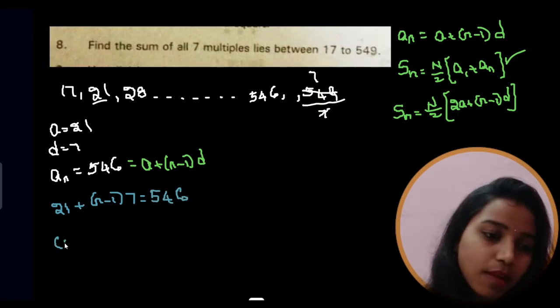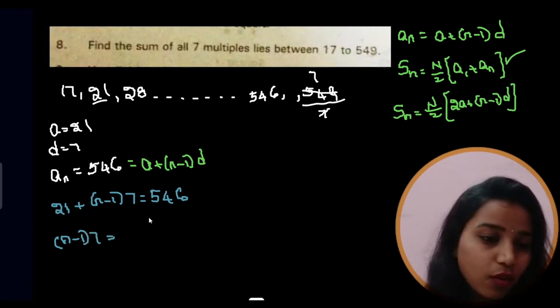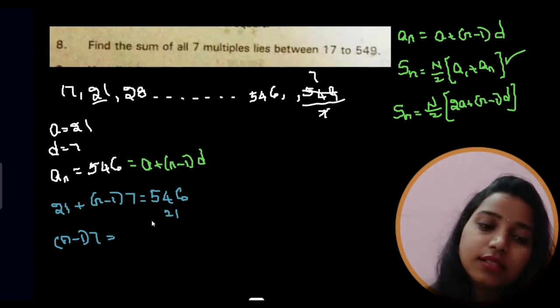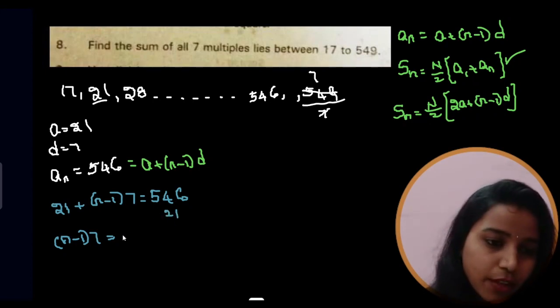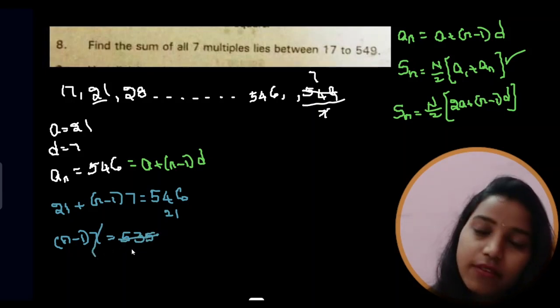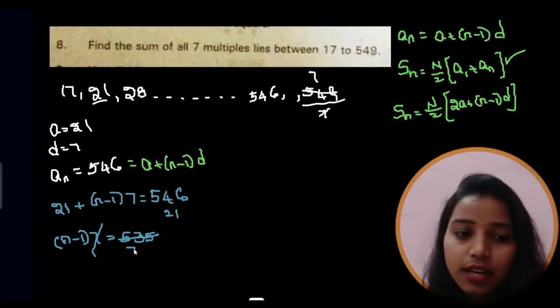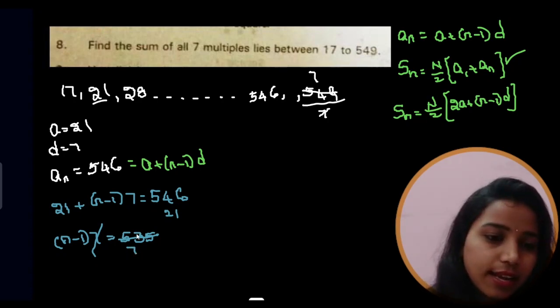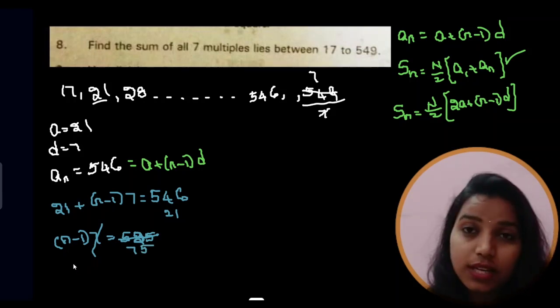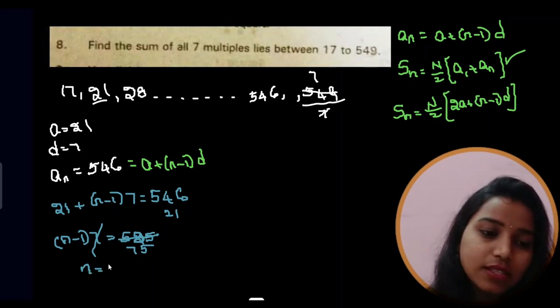Now n minus 1 into 7, then I'm bringing this 21 to the RHS, so 546 minus 21, then it will be 525. And 7 fives is 35, 7 sevens 49, so n minus 1 is 75. Then n is equal to 76. So this is the n value.